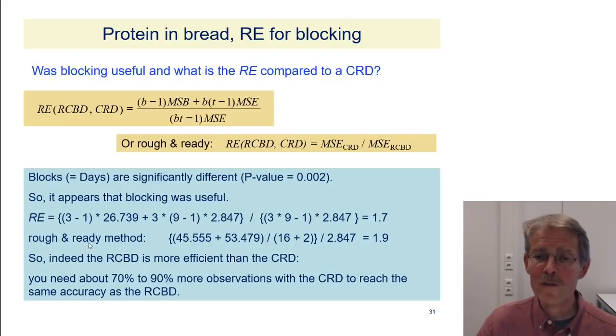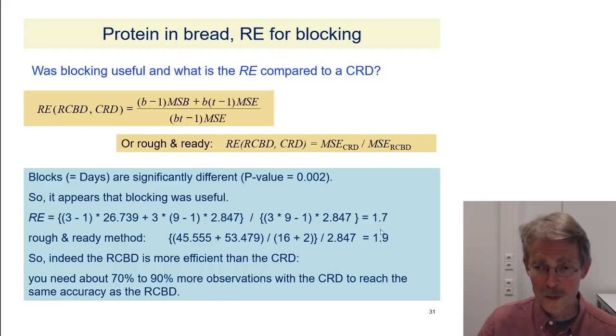If you take the rough and ready method, you can take your MSE directly from the analysis with blocks. And if you drop the blocks, you put the sum of squares, not the mean squares, for blocks back into the error sum of squares. You put the degrees of freedom back to the error sum of squares, and you get 1.9 here with the rough and ready method.